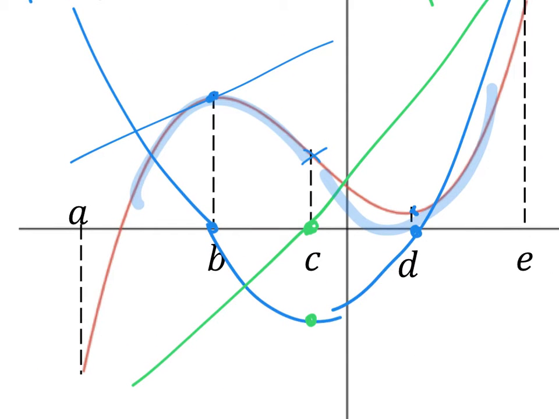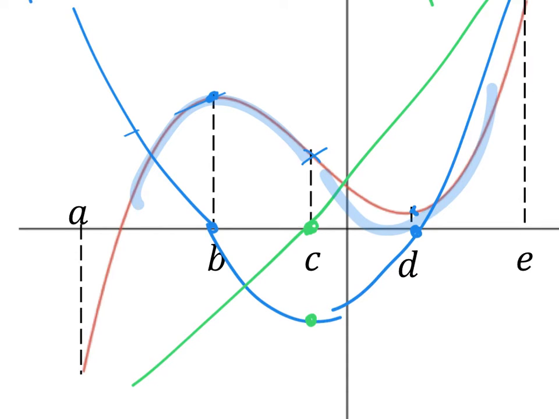We can see that at B, it's going to concave down, right? If you look at the second derivative, which is the green, B is concaving down. Is it positive or negative at B?